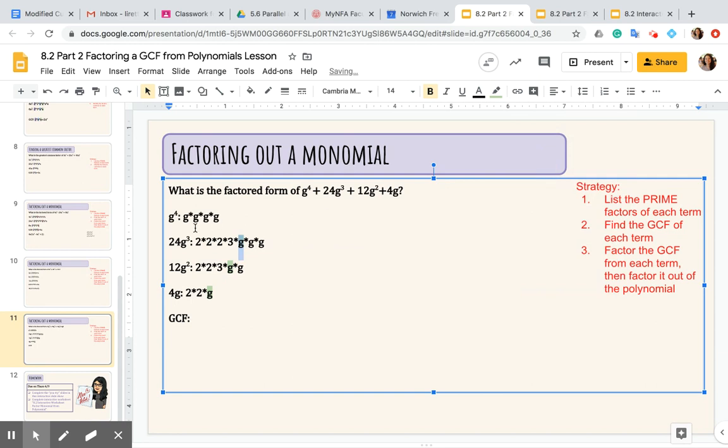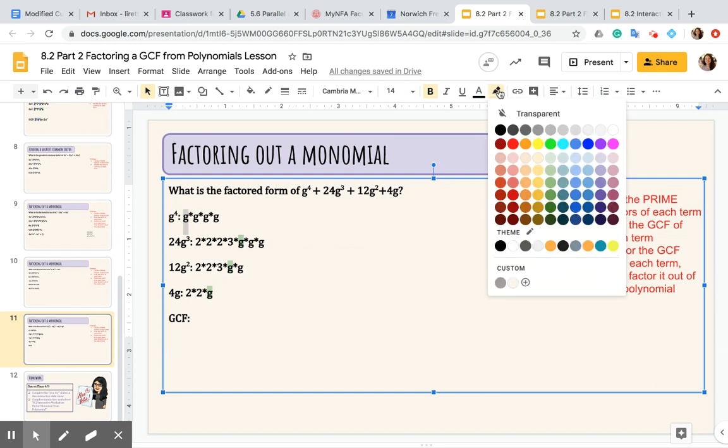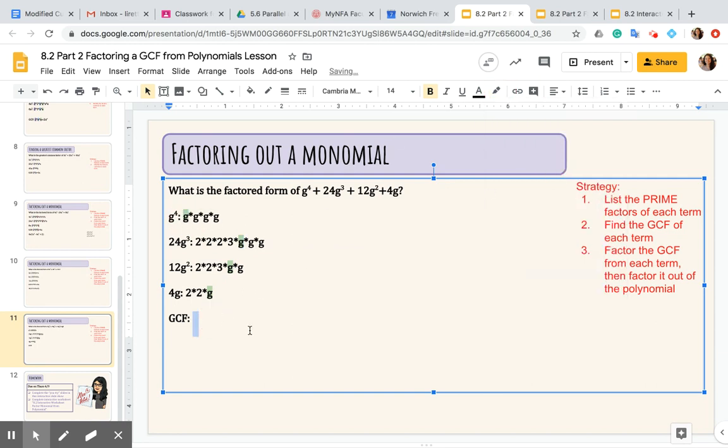Would have been much easier doing this in a classroom. I bet you a student would have caught this. So look, that's all I can take out. This doesn't have a coefficient, so I have to take that out. My GCF is just going to be g. Well, that's actually going to make the dividing a lot easier, so that's good.